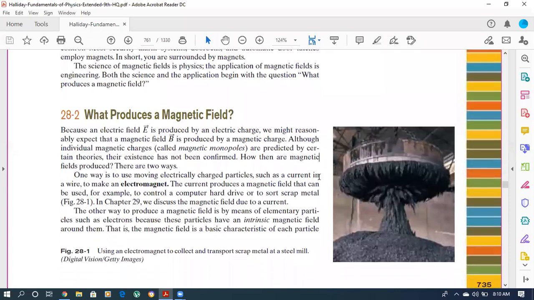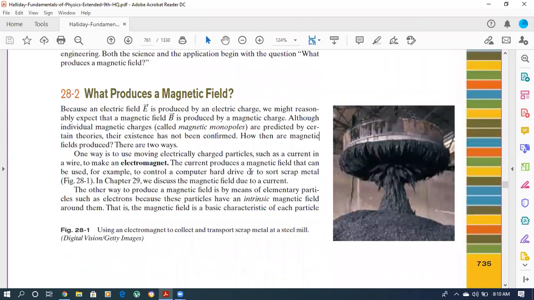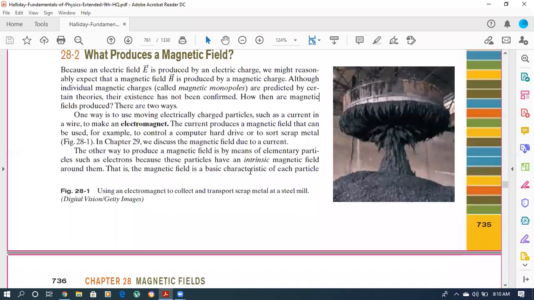Although we know that no magnetic monopole exists, magnetic fields are always in the form of north and south poles. Even if you divide a small magnet into thousands of magnets, each particle will become a magnet, carrying north and south. So it's all about the arrangement of the atoms.